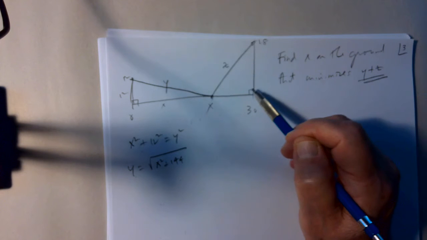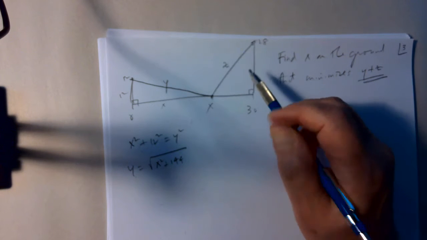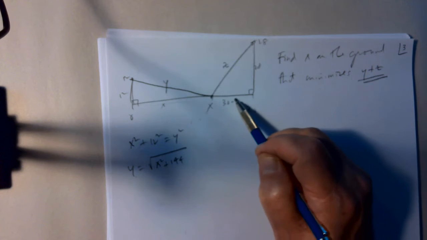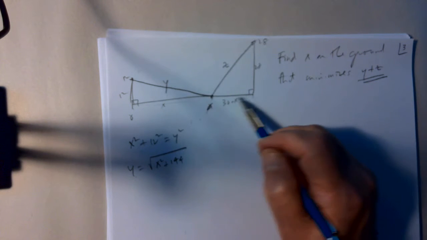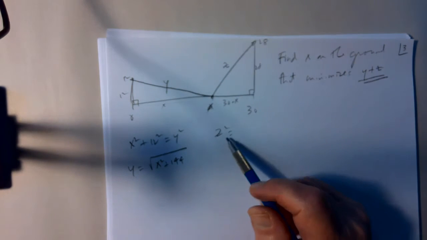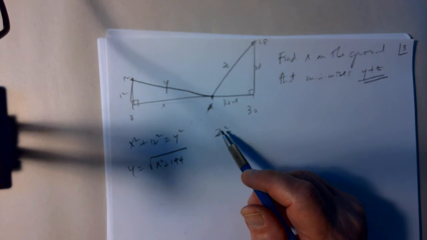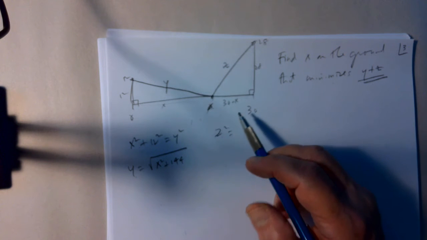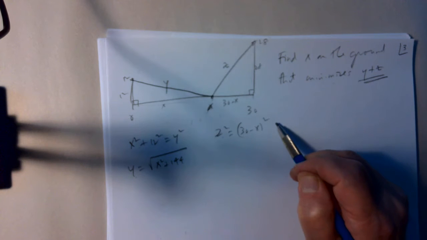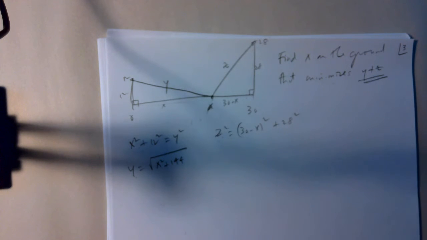And if we look at the right, this is another right triangle. This is 28. If this is x, this is 30 minus x. So z squared is (30 minus x) squared plus 28 squared.